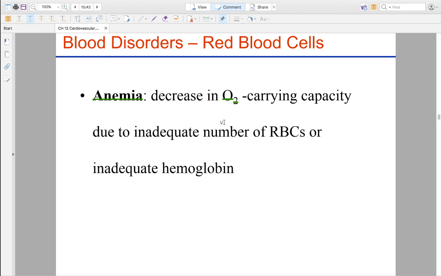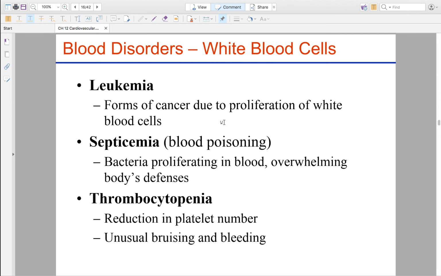White blood cells, on the other hand, have disorders like leukemia, cancer of the white blood cells, and blood poisoning. For example, when somebody is septic, that means that their bacterial infection is far beyond the body's defenses.